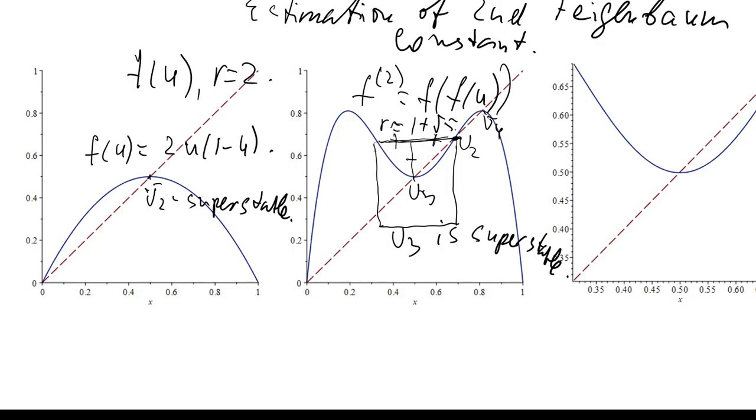This should also be equal to this, because of symmetry. This point and this point are symmetric with respect to the middle line, where u equals half, and we just extend it down to the same distance. This equals this, equals this, equals this. Therefore, we will have a square.